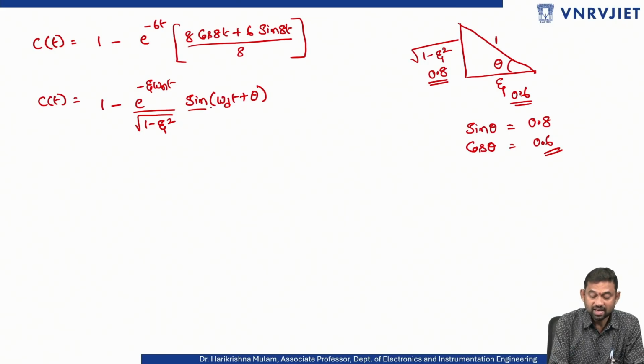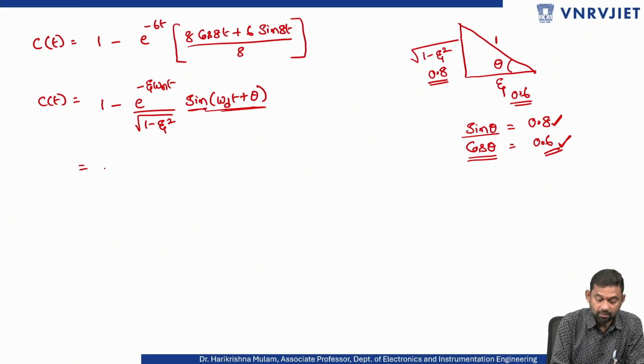And this is like sine (a plus b), which is equal to sine a cos b plus cos a sin b. Therefore, if this 0.8 is there in the numerator and 0.6 is there in the numerator, you can replace those terms by sin theta and cos theta, and finally you can get something like this.